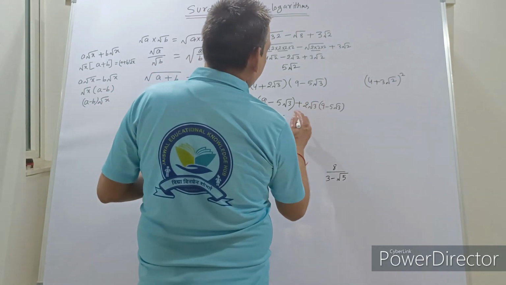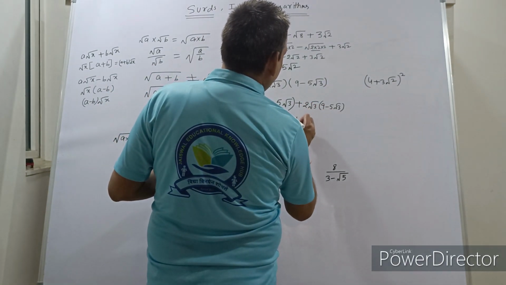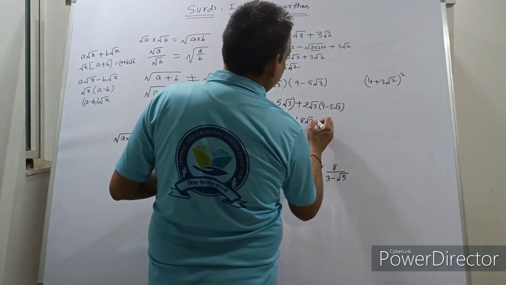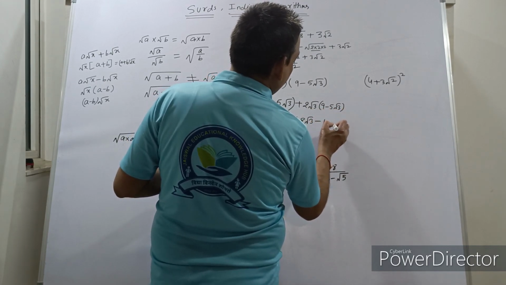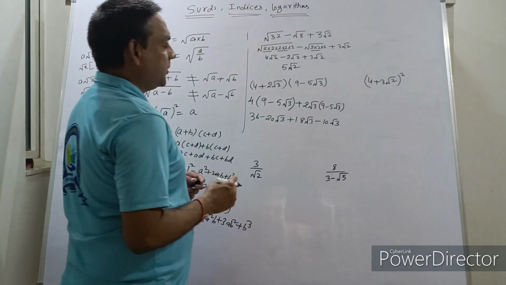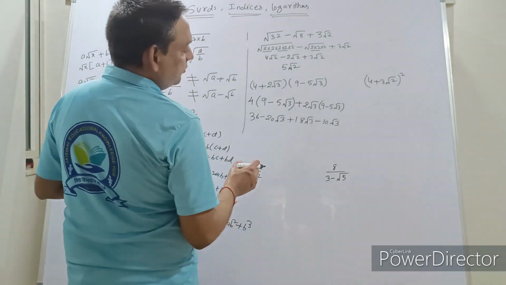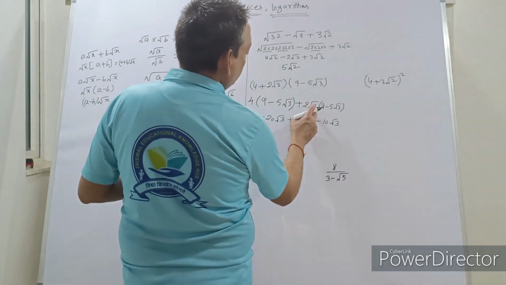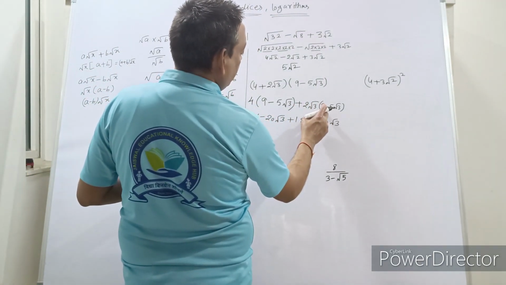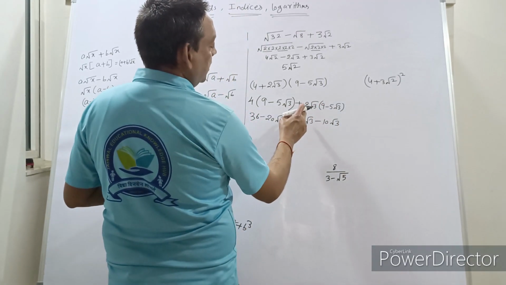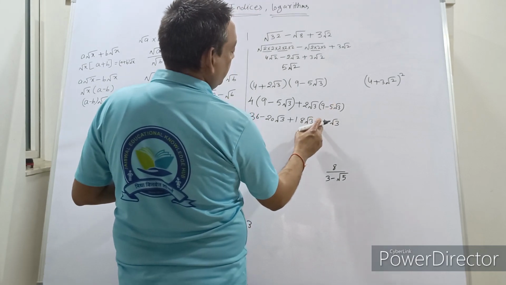Then 2 into 9, so 2 nines are 18, so 18 root 3, and 2 fives are 10, so minus 10 root 3. Clear? Okay, so now in this we have, wait, 2 root 3 into 9, 9 twos are 18 root 3, that is right. 2 into minus 5 becomes minus 10.